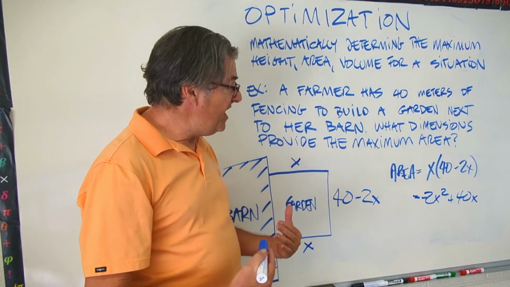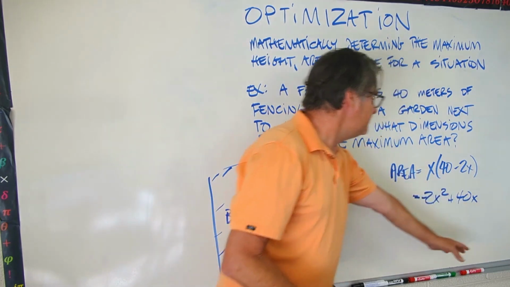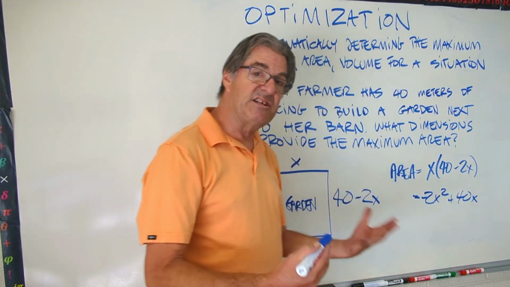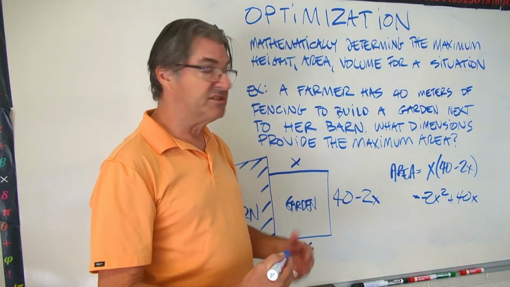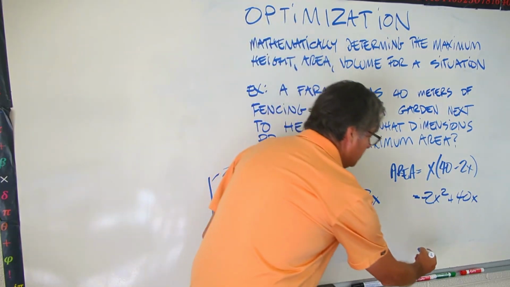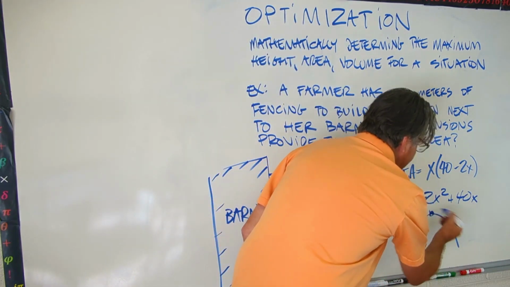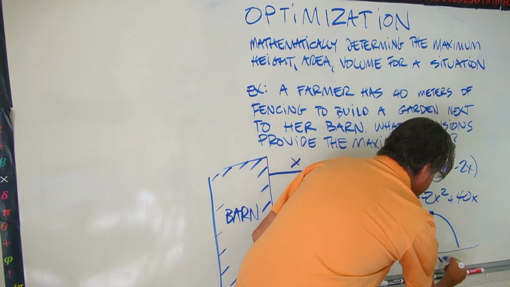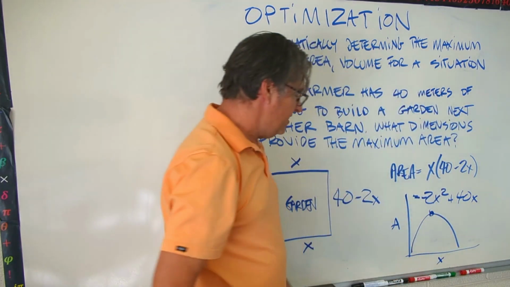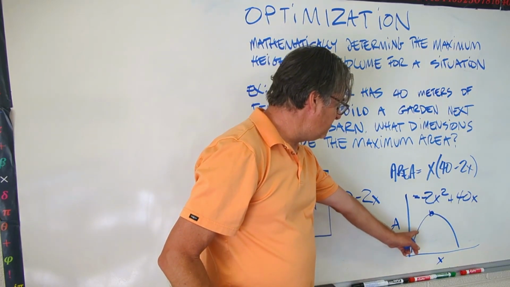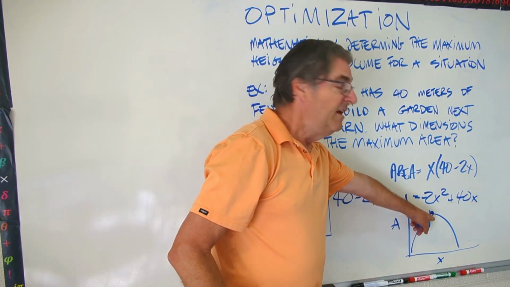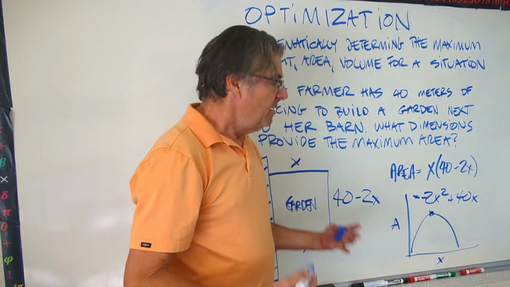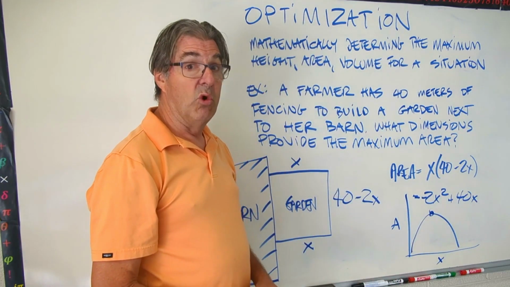So we need to find the value of x so that that is the maximum of the function, or the vertex of the parabola. Remember, the parabola is going to look like this. And it's going to have a max. So we're going to have some function like that, where this is x and this is area. And area is going to increase as x gets bigger, but when x gets to a certain point, the area is going to start decreasing again, because that's how a parabolic function works.